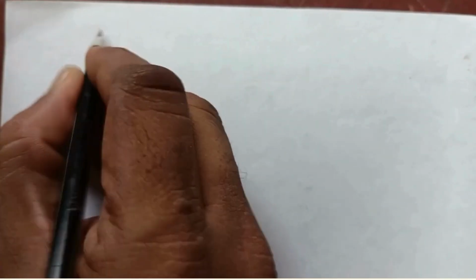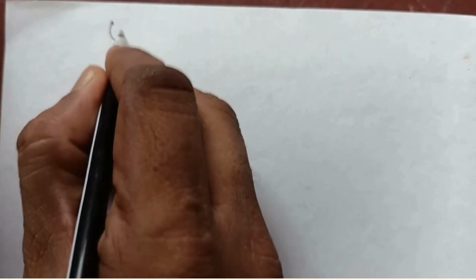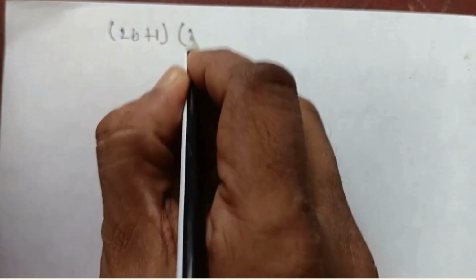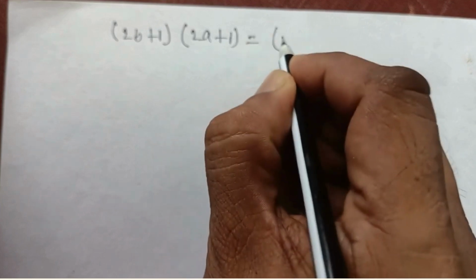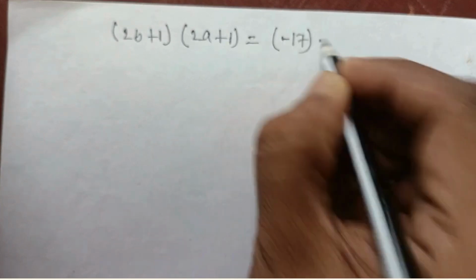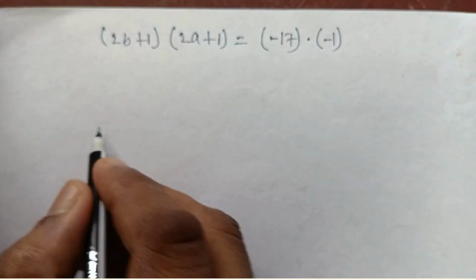Now if we consider the minus cases, 2b + 1 and 2a + 1 equal to minus 17 times minus 1.